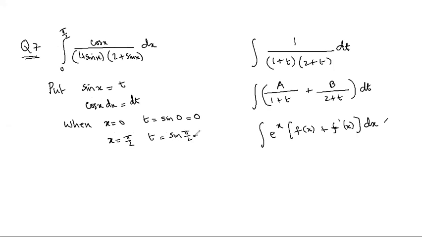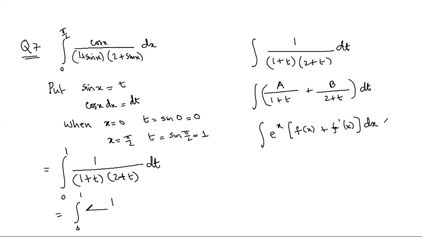So this is 0, this is 1. So the limit is 0 to 1, 1 upon (1 plus t) into (2 plus t). Now this is to be expanded: t square plus 3t plus 2.